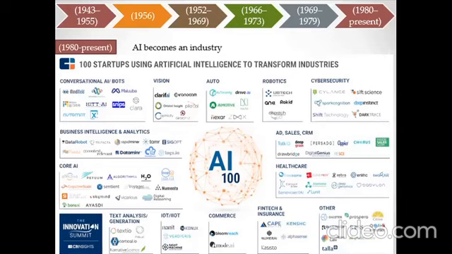So there are various industries such as conversational AI or bots, vision systems, auto systems, robotics, cyber security, business intelligence and analytics, ads, sales, CRM, core AI, text analysis and generation, IoT, commerce. Now every industry makes use of AI.